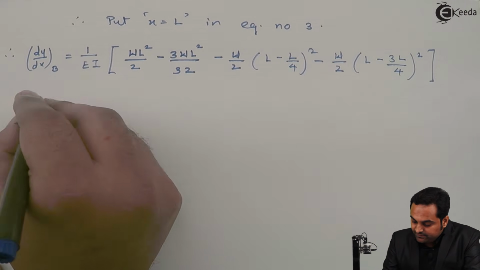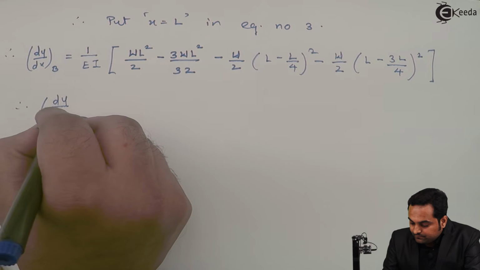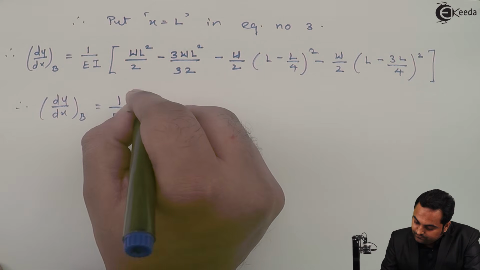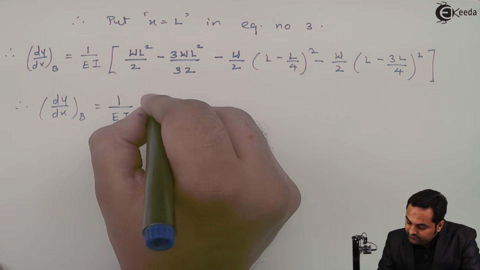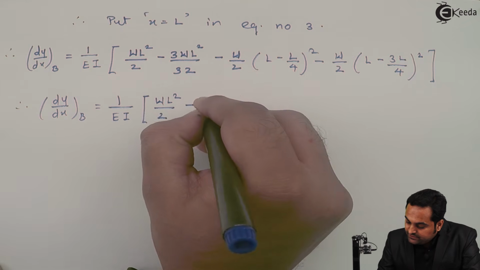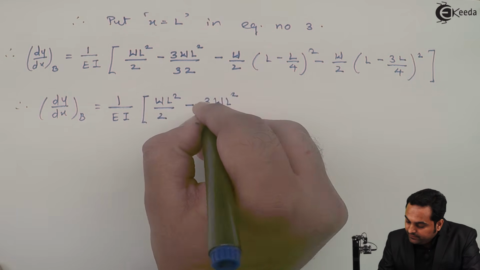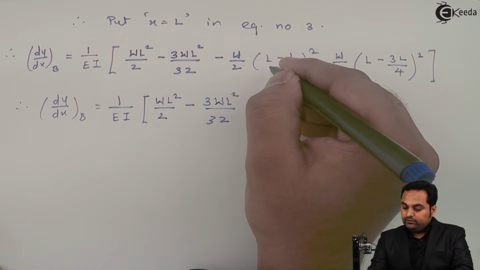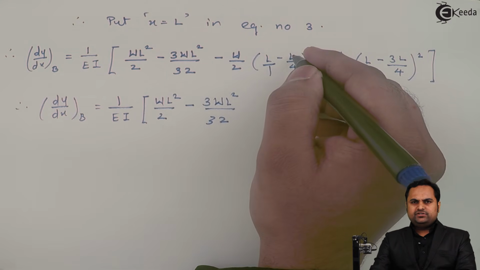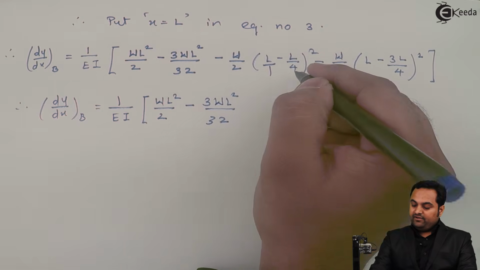So therefore, on simplifying this, 1 upon EI, here we have WL square by 2 minus 3 WL square by 32. Now if I simplify this bracket, here we have 4L minus L, which is 3L by 4.